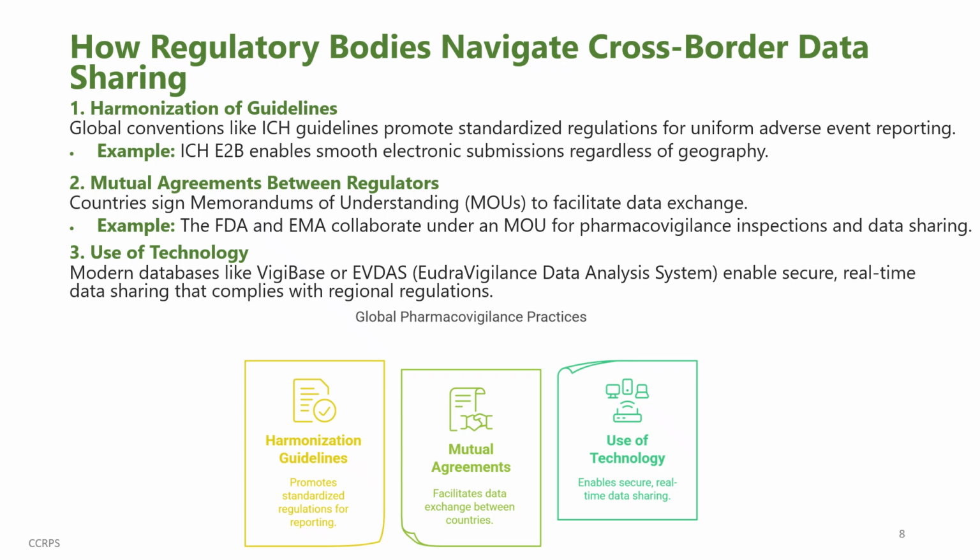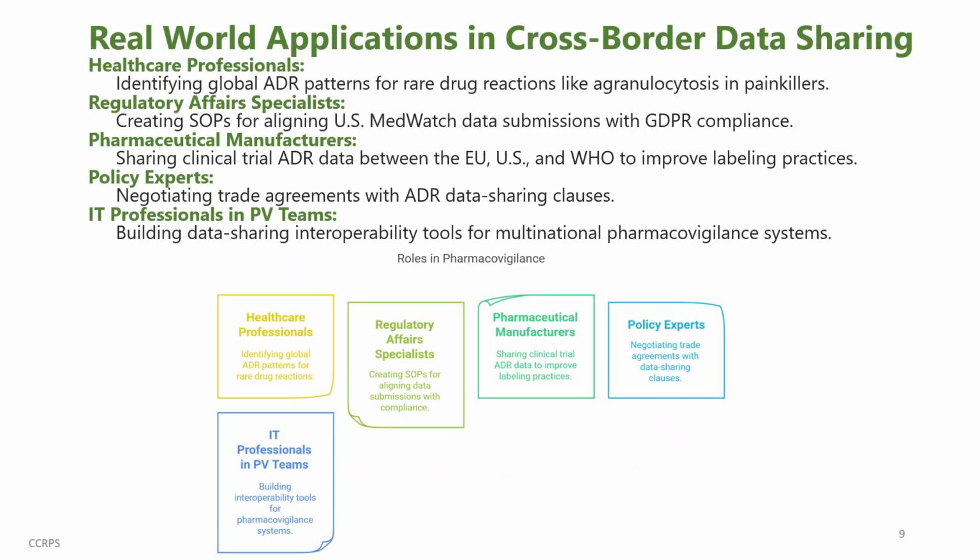For instance, the FDA and EMA collaborate under an MOU for pharmacovigilance inspections and data sharing. The usage of technology. Modern databases like VigiBase or EVDAS, EudraVigilance Data Analysis System, enable secure real-time data sharing that complies with regional regulations. Some real-world applications in cross-border data sharing.